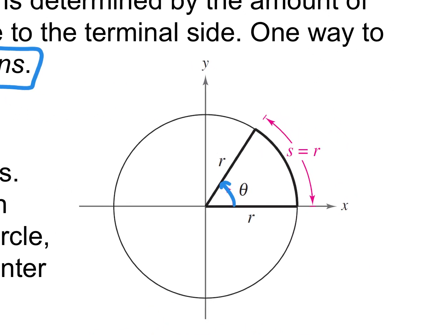Looking at this picture, the length of this is our radius. That's what this r stands for. Theta is our angle, and the s here is the arc length.